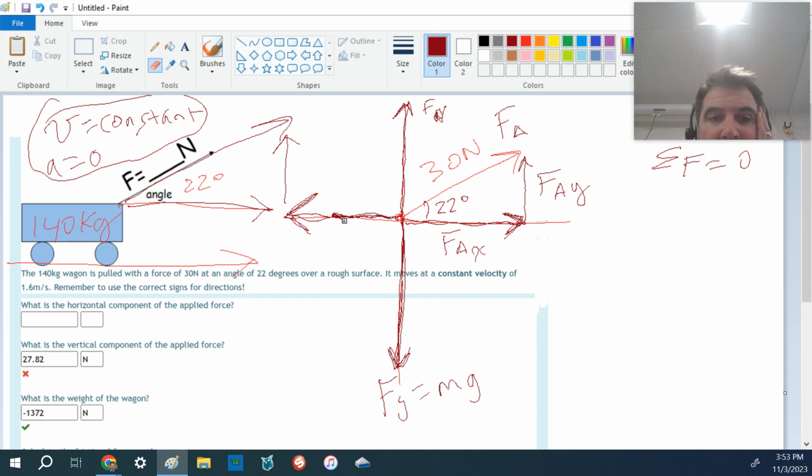I'm going to erase this and make them the same size. So this thing here will be the same as that. And this is my FK, kinetic friction, because I'm moving. But I know they're the same because it's moving at constant velocity.